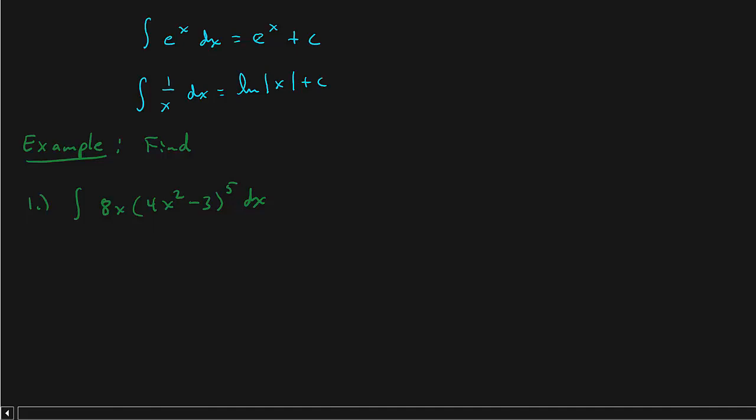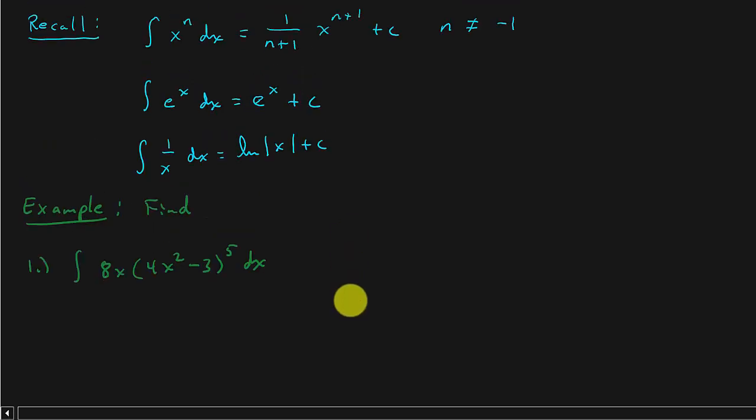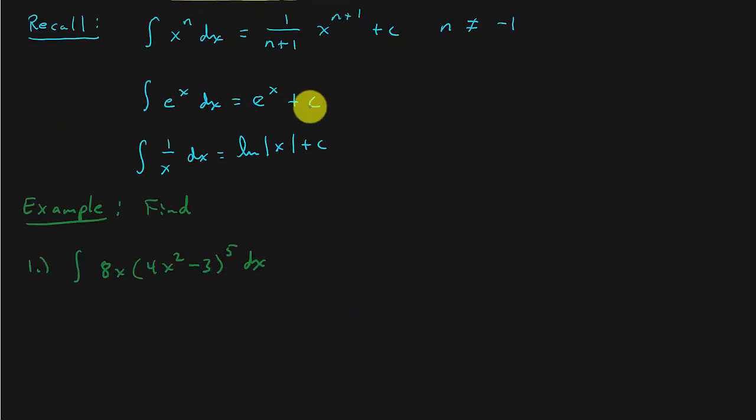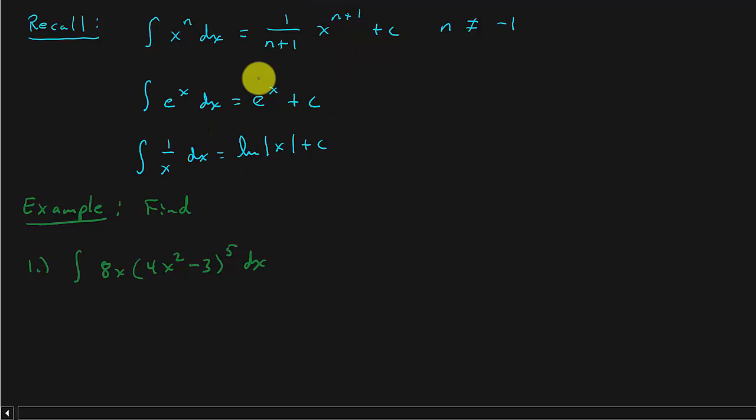All right, so looking at this problem, you notice that it doesn't look anything like those. We've got x to a power, x to the first, we've got x squared, but it's this times this thing here in parentheses.